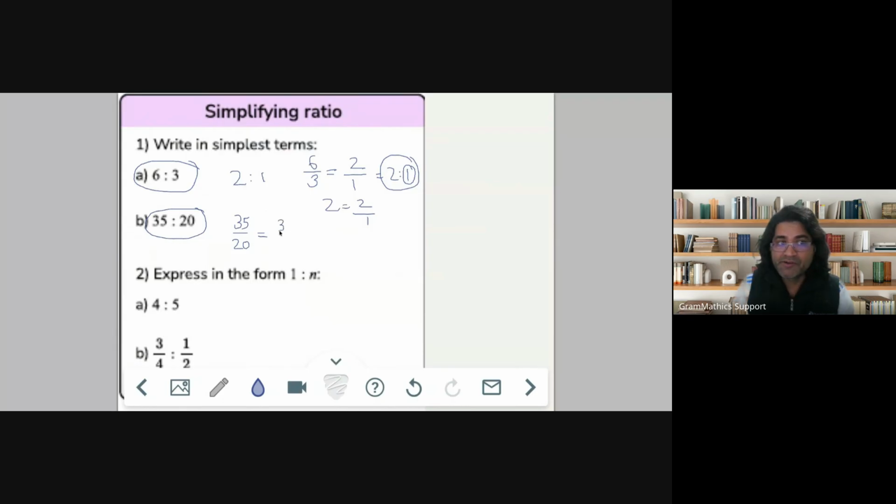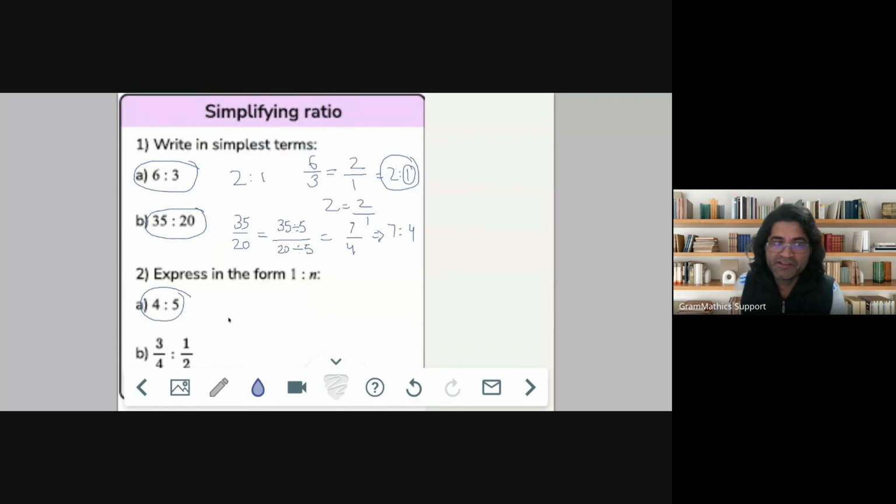So I will divide both of them by 5. When I divide both by 5, I get 7/4, or I can express it in terms of ratio as 7:4. And whoever typed that in the chat is correct. All good. Next one.